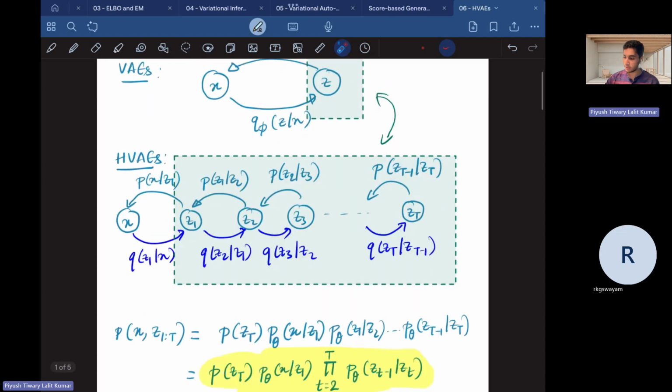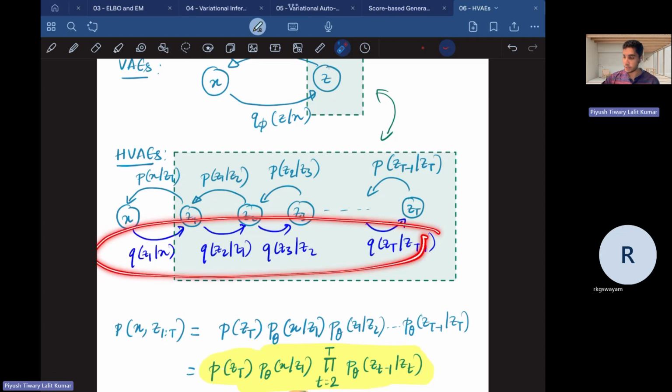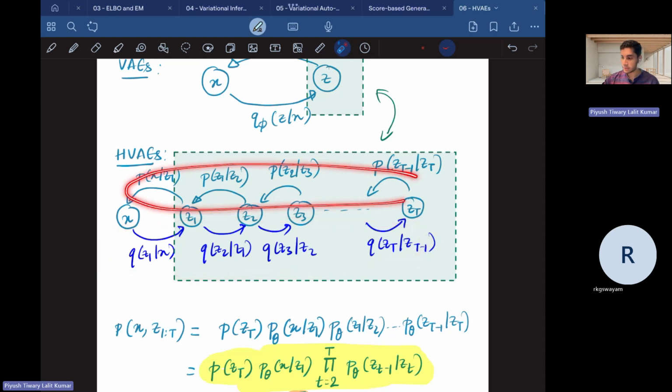We'll see that diffusion models are nothing but a special case of hierarchical VAEs, where the inference view is just a noising process where you add some noise at each time step. And the reverse process is a denoising process where you start from noise and steadily denoise it and eventually land on a particular data point.